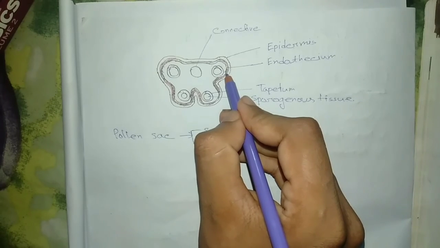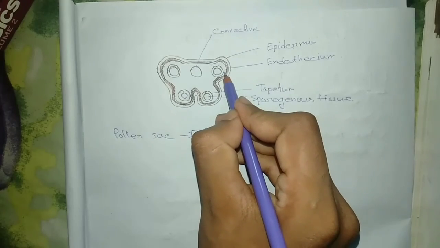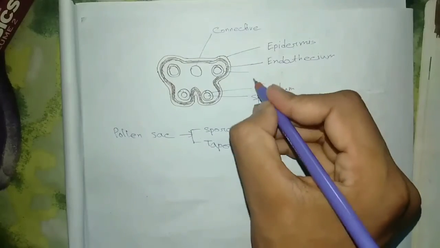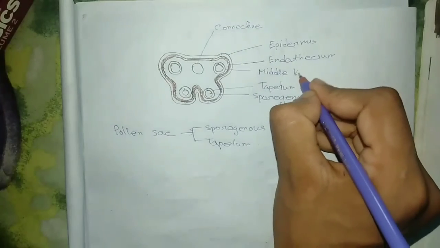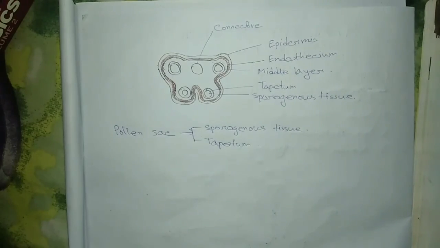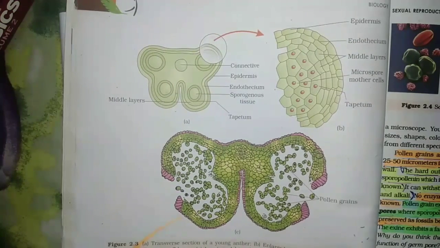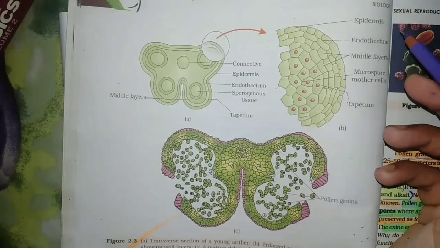This space between endothecium and tapetum, we call it the middle layer. It is the full structure of an anther. For better understanding, you may see this part.